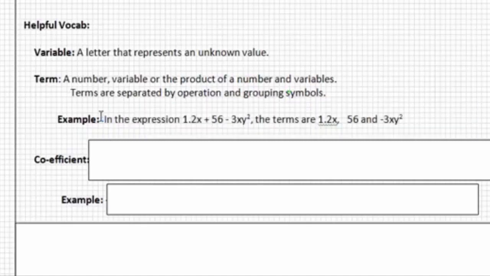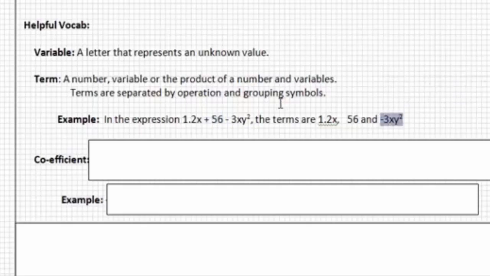Here's an example. In the expression 1 2/10 x plus 56 minus 3xy squared, the terms, which are all these parts that are separated by operation symbols, are 1 2/10 x, 56, and negative 3xy squared.